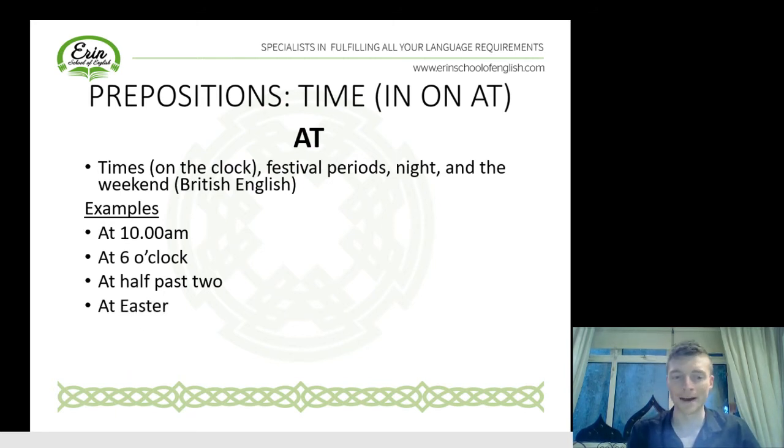At Easter, now here we have an example of a festival period. Now, you might remember before we talked about Christmas Day. If we wanted to talk about Christmas as the period of time, we use at. Similarly here, Easter is the period, but if I want to talk about Easter Sunday, it's a day, so we must use on Easter Sunday.